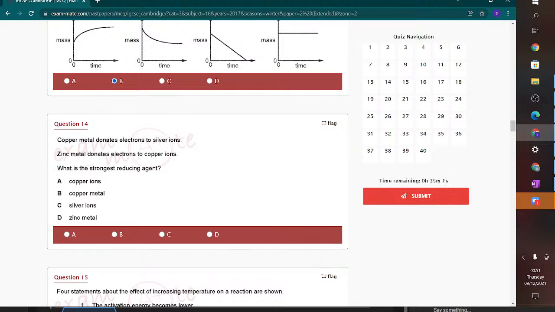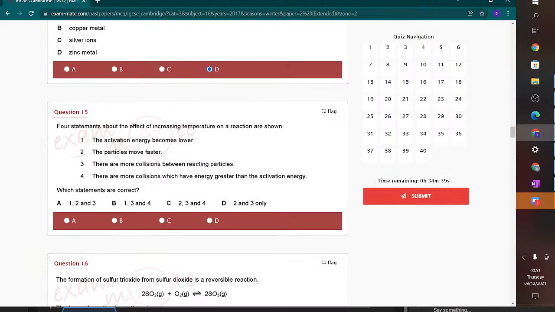Okay, wait a minute. A reducing agent is the one that oxidizes itself. That means loss of electrons, and metals will lose electrons. But out of both metals, copper and zinc, we need a better reducing agent, therefore higher reactivity. So it's zinc. It's D. Because zinc is more reactive, so it will lose electrons more readily.